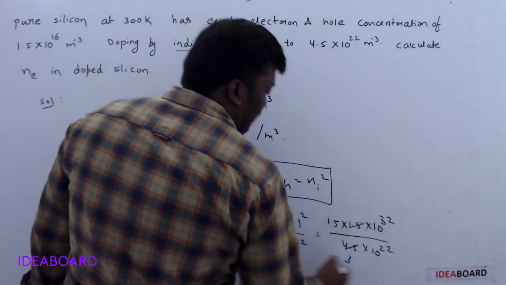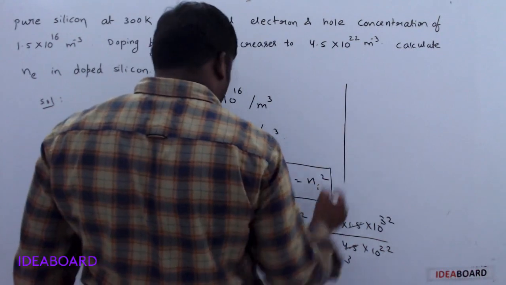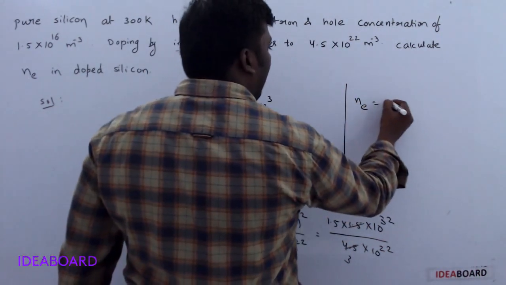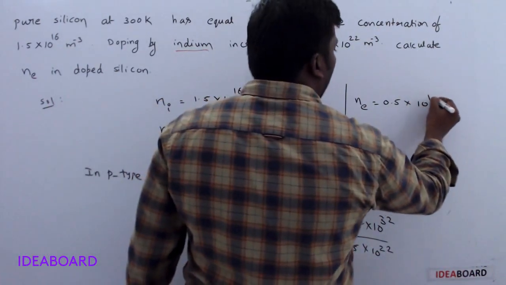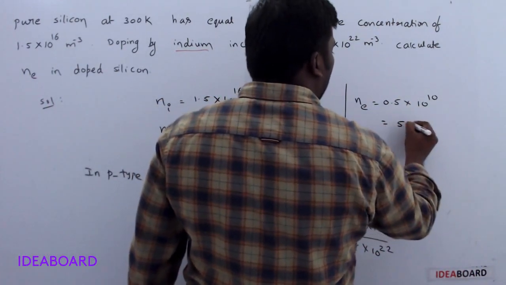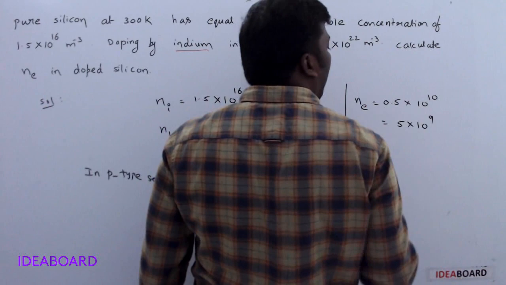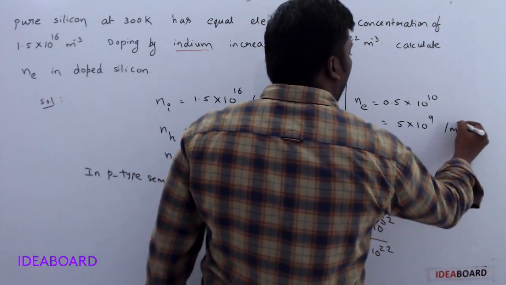So 3 is a 0.5, you got, that indicates the Ne value is 0.5 × 10^10, nothing but 5 × 10^9 per meter cube.